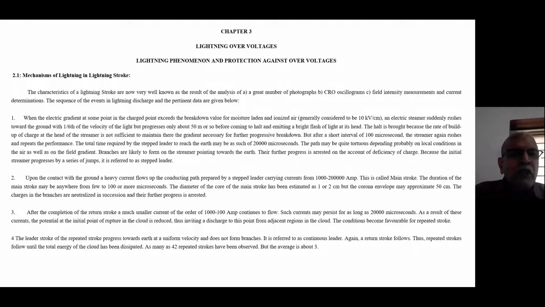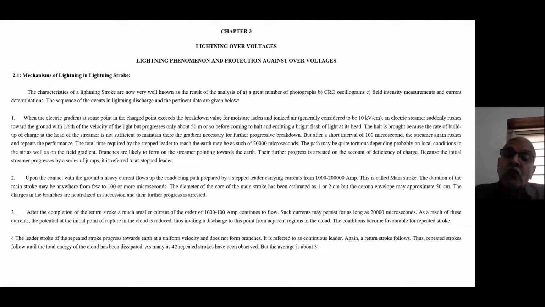You have to protect. So this is what I told, that lightning is developed because of the rubbing action of two clouds. Certain other details are given, not very important, but you can pause the video and read these things.